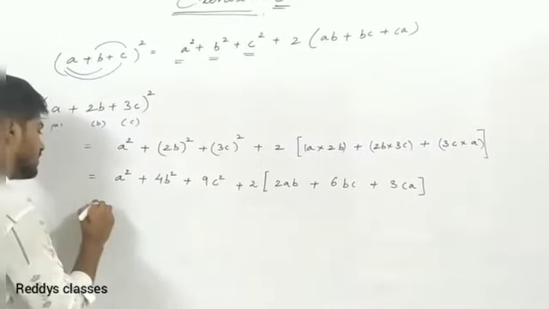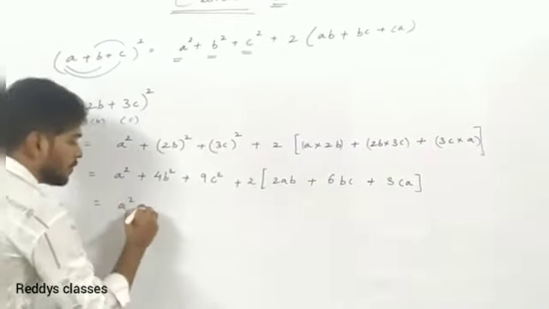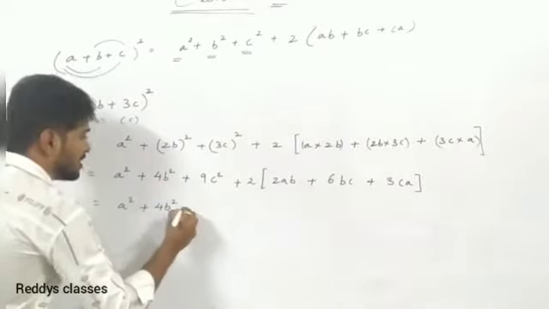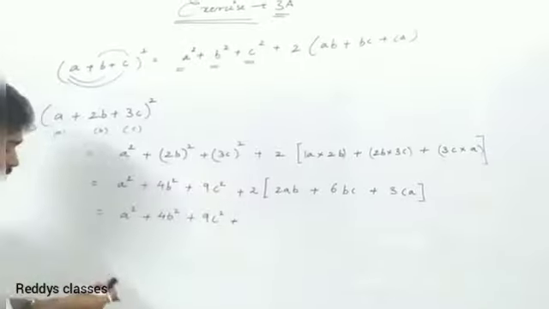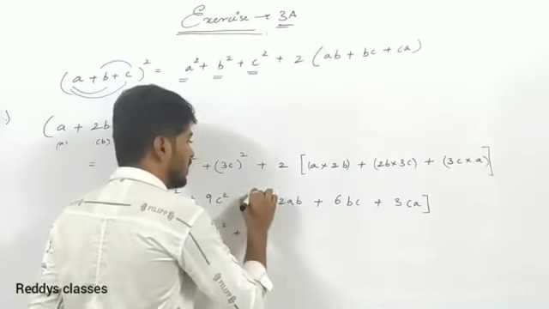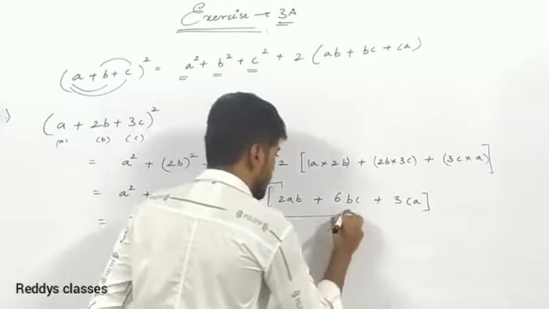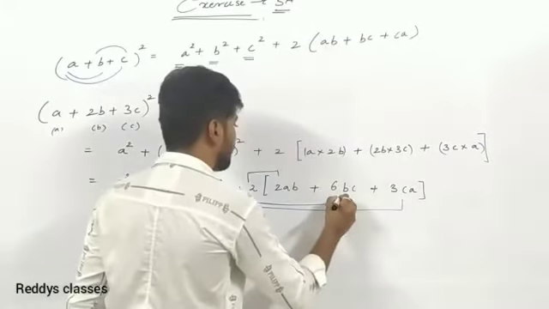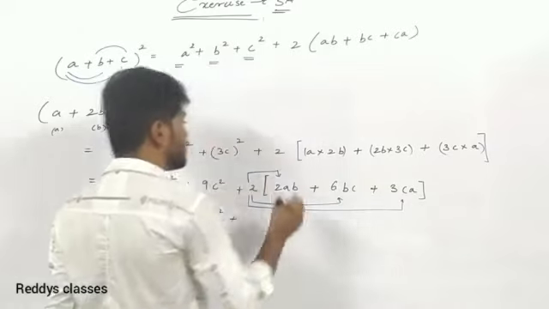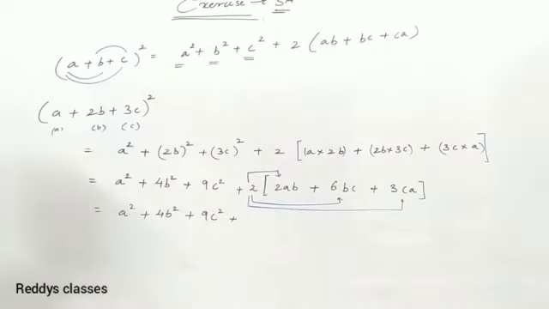We have a square plus 4b square plus 9c square plus, now what I am going to do is multiply this 2 with all the 3 units in it.